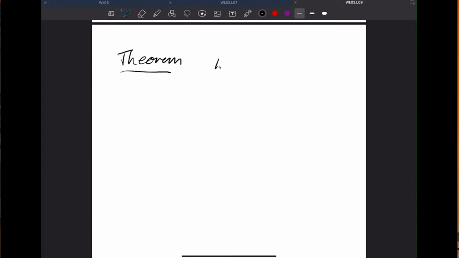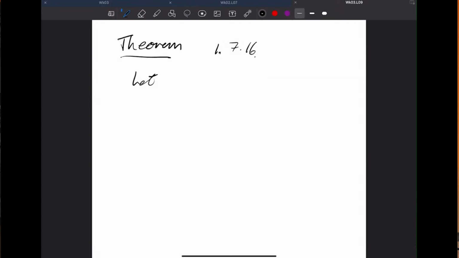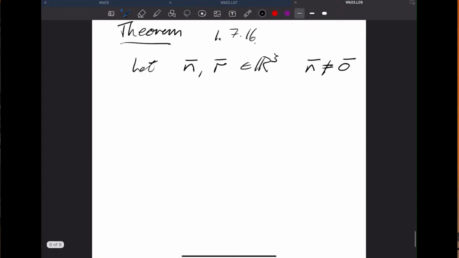So let's take a look at theorem 1.7.16. We let n be a vector, and we let r be a vector in R3, and we make sure that n is not 0.